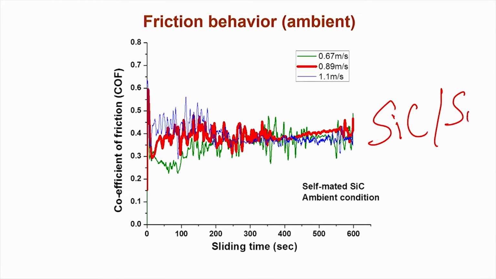So, here the flat material is silicon carbide and the ball material is also silicon carbide, and under similar sliding conditions with variation in speed from 0.67 to 1.1 meter per second and the load around 5 Newton, we see not much difference in terms of the steady state coefficient of friction. The only thing is that in room temperature conditions, this couple reaches the steady state at a much earlier time scale of up to 3 to 4 minutes, whereas in liquid nitrogen we see a lot more unstable region in the frictional behavior.